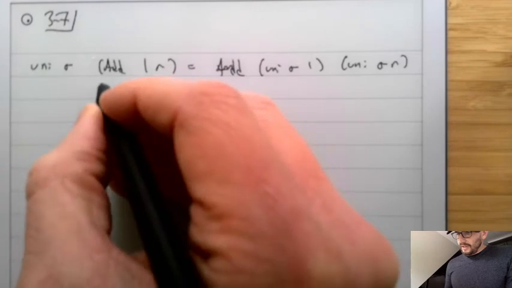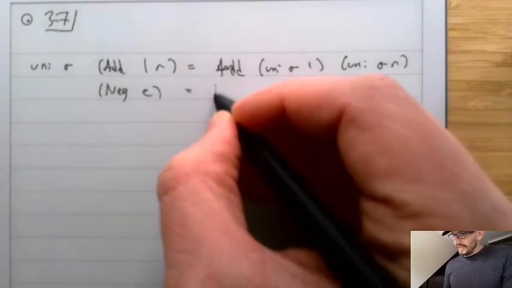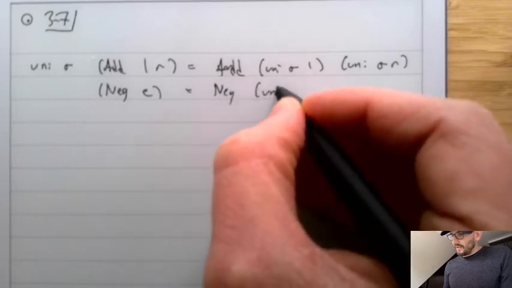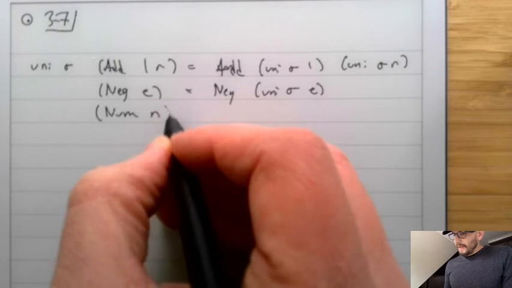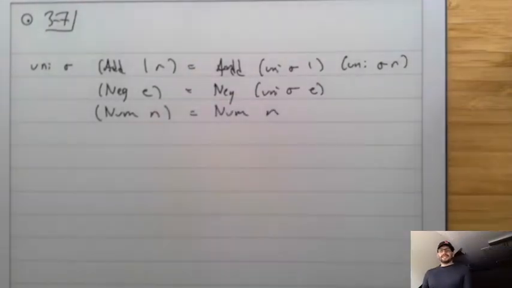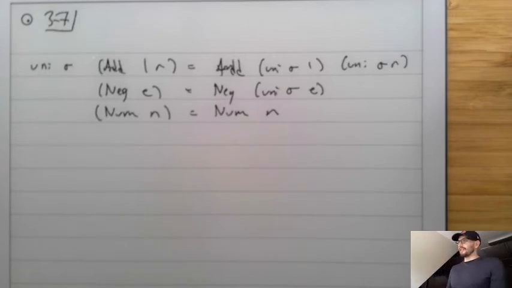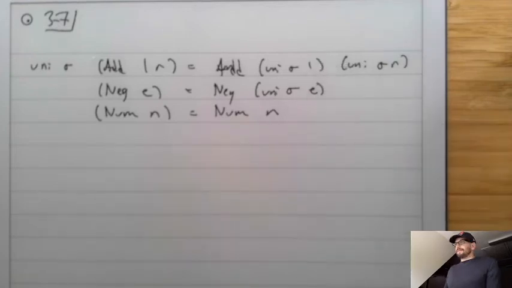And if we call it on the negation of some expression, then we get the negation of the uni row of that expression. And if we call it on a number, then we just get back that number. So these cases of Uniquify are boring. The other ones are the interesting ones. So Uniquify is a very simple function.